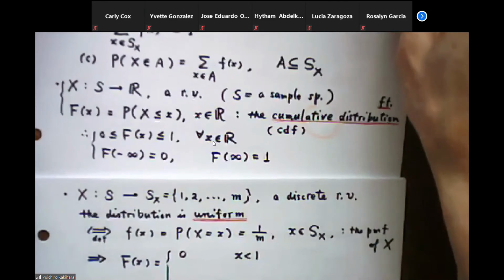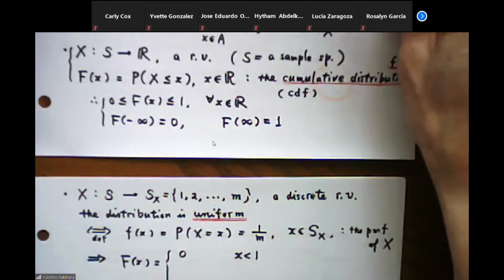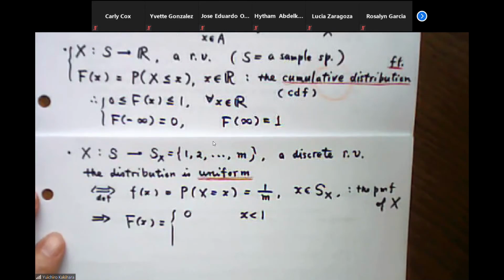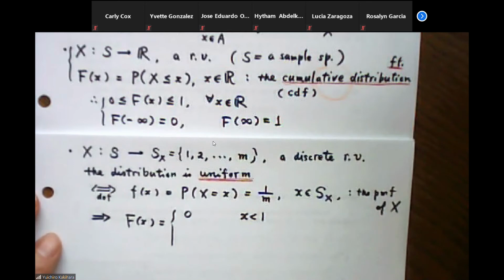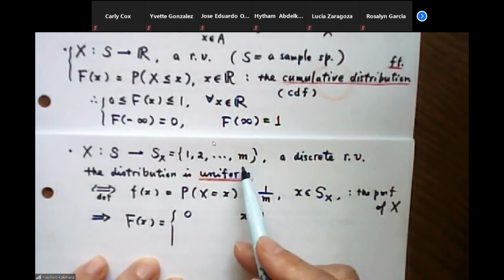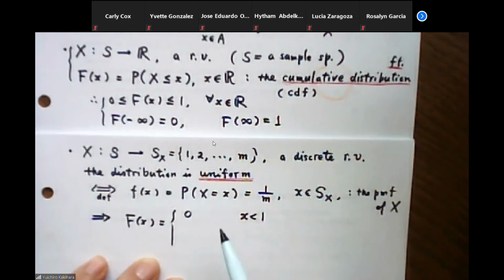If x is smaller than 1, then X can't be equal to that number, because X is at least 1 and at most m. So less than 1, there's no way, and that probability is 0.